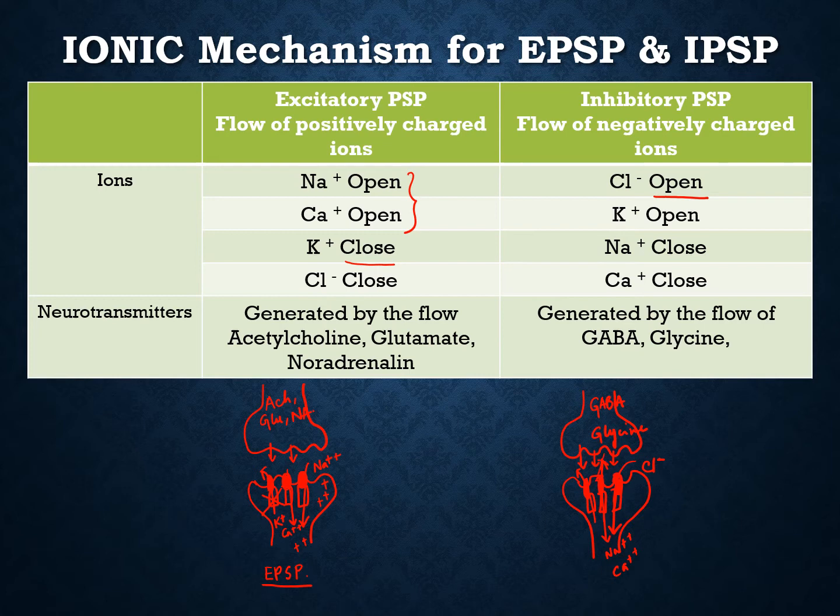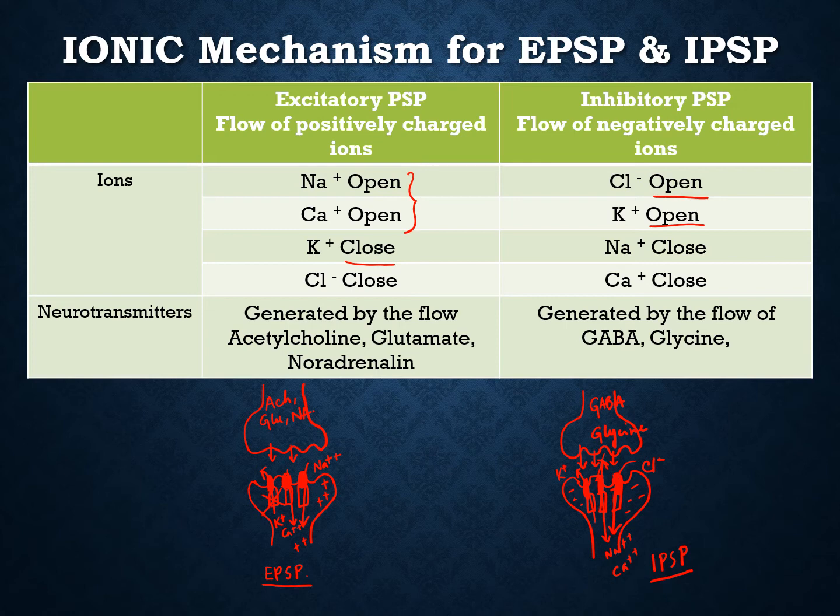These channels are closed. Even the potassium which is inside the cell, the potassium channels get opened, so it comes outside. So what will be the result? The intracellular environment gets more negative. At that time the inhibitory postsynaptic potential will be generated.